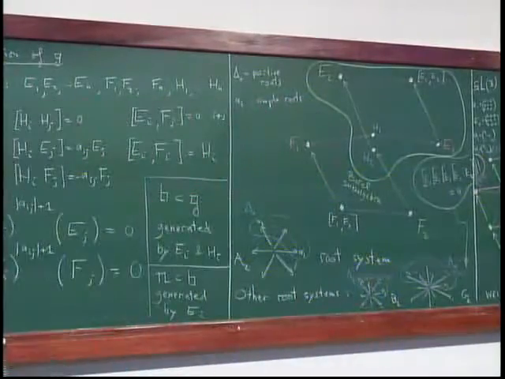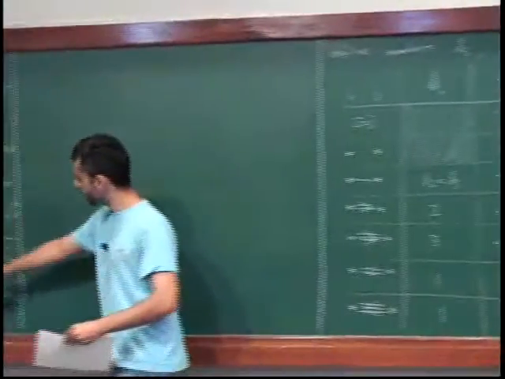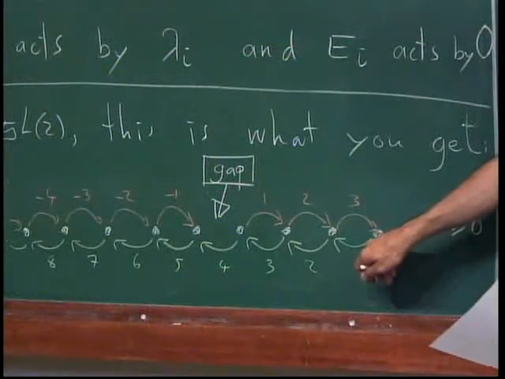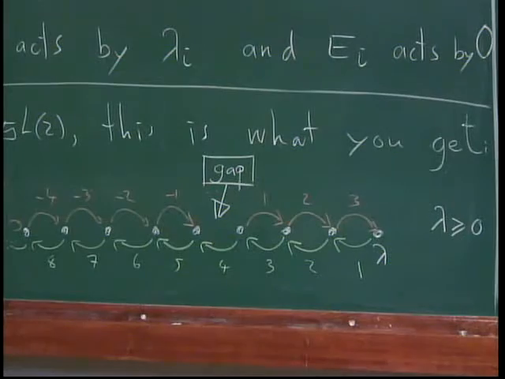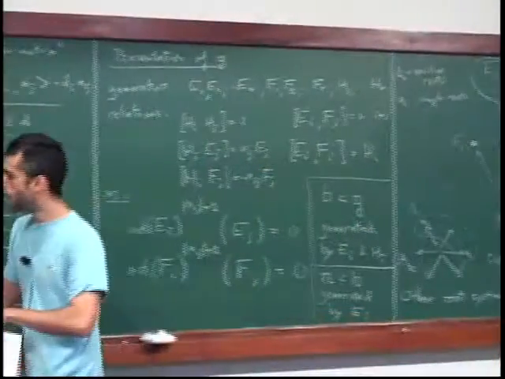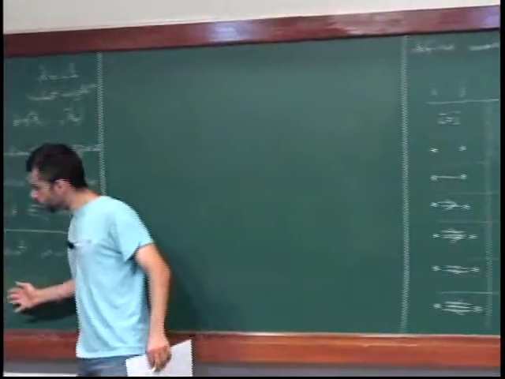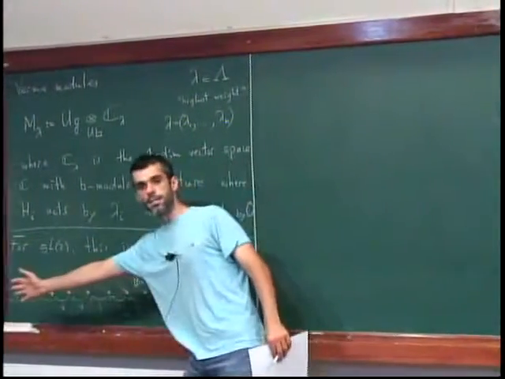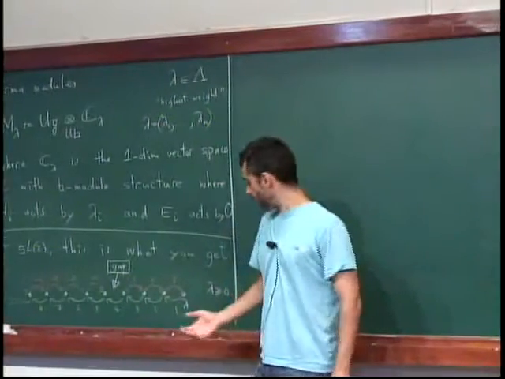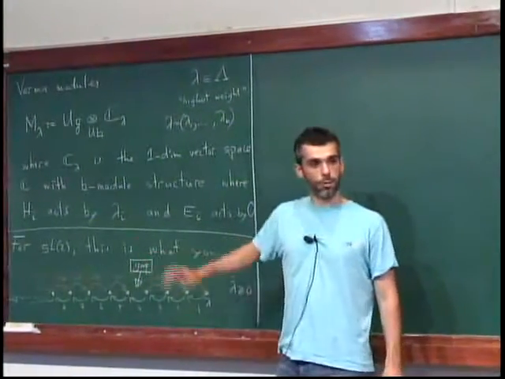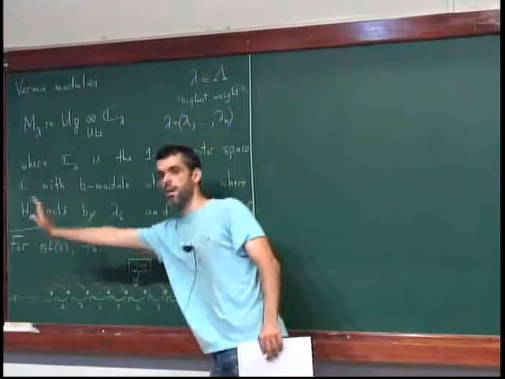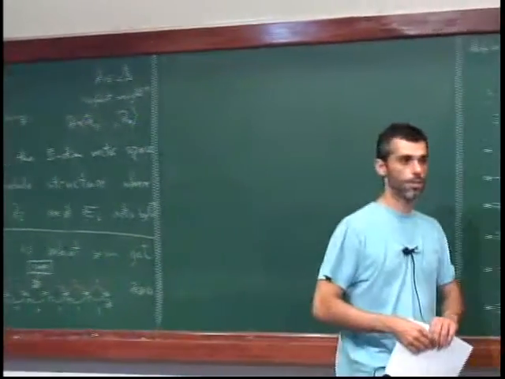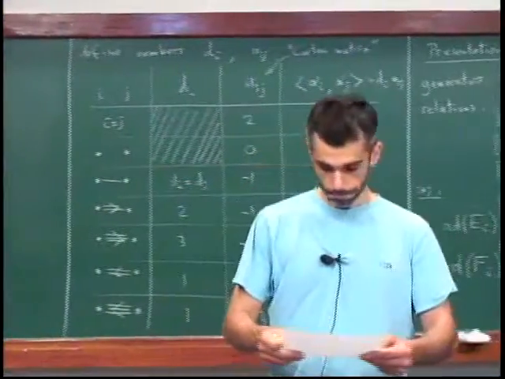So one way of thinking of this Verma module is to say that it's freely generated by n minus, so by the Fi's. The Fi's act, and there's nothing that tells you when you stop. It never stops. And the Ei's do what they have to do. Once you know that the Fi's go forever, the Ei's are sort of forced on you. So this is the way to think about it.